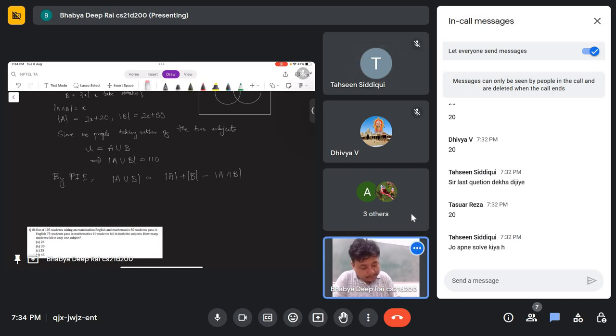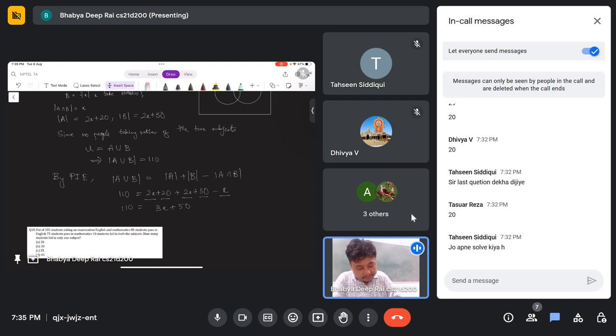So now how do you do this? Size of A union B is nothing but 110. Size of A is nothing but 2x plus 20. Size of B is nothing but 2x plus 30, minus size of A intersection B. What is size of A intersection B? It is x. Now 2x plus 2x is 4x, minus x is 3x. 20 plus 30 is 50, and 110 here.